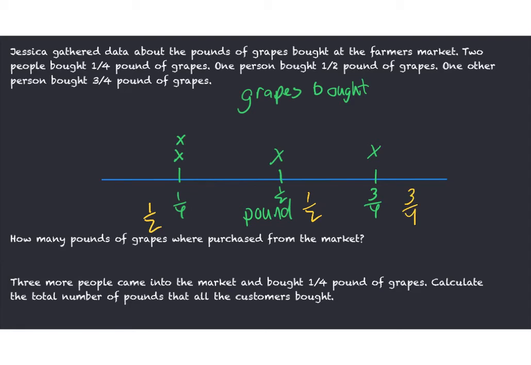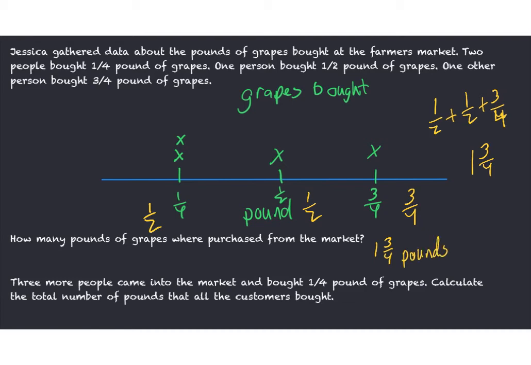If we add that up, 1/2 plus 1/2 plus 3/4. 1/2 plus 1/2 is equal to 1 whole. So 1 whole plus 3/4 is 1 3/4. So that's how many pounds of grapes were purchased from the market. We could say 1 3/4 pounds.